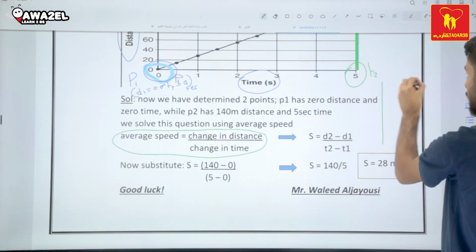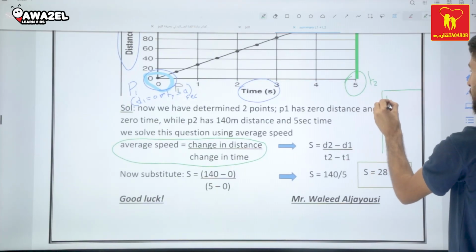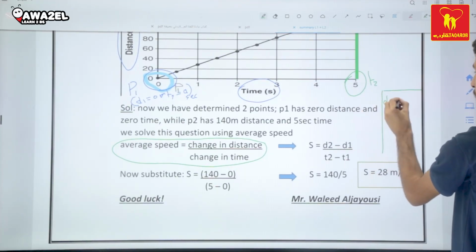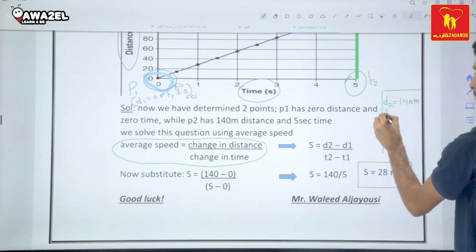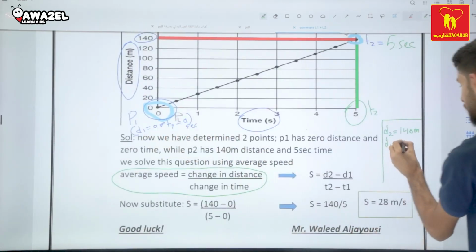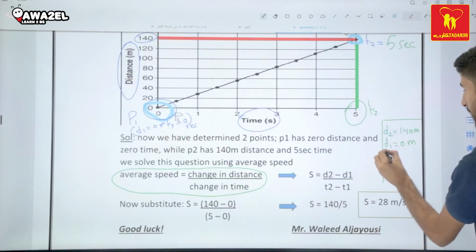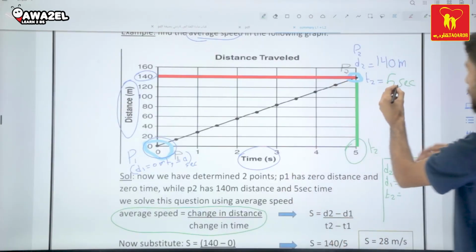Let's write what I have. D2 equals 140 meters. D1 is here, it's 0 meters. T2 equals 5 seconds.